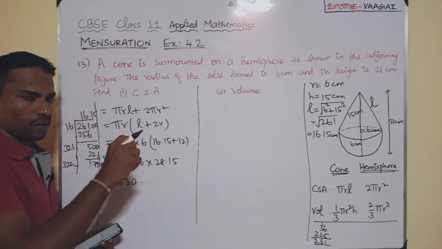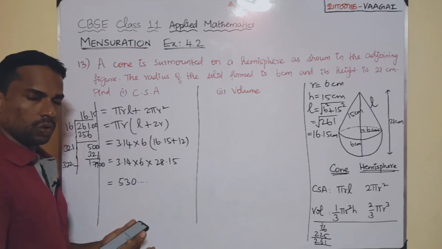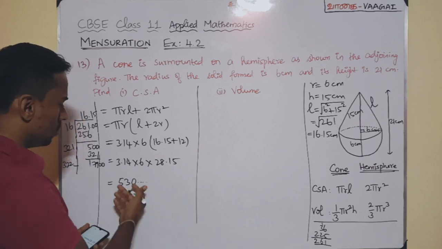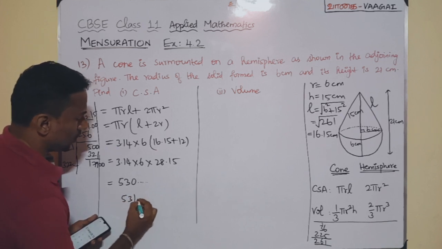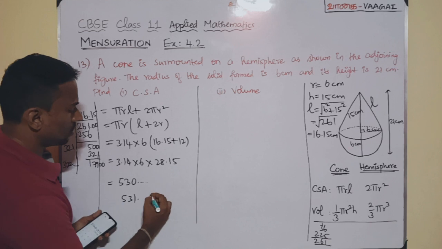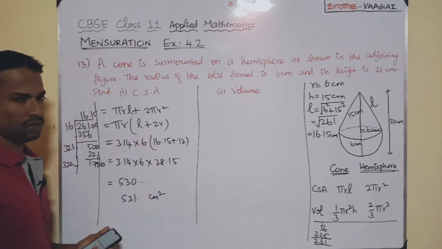So since we are making too much of approximation, we can expect the answer also in that approximated way only. We will not be able to get the accurate answer. So 530 or 531. So something like that around this way is what we can expect our answer. So this much centimeter squares is going to be the answer for your first subdivision here.